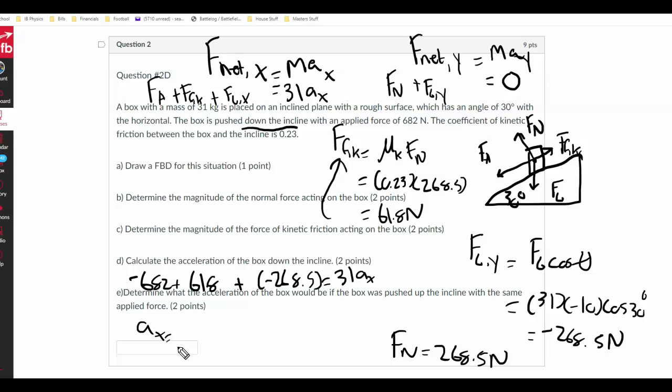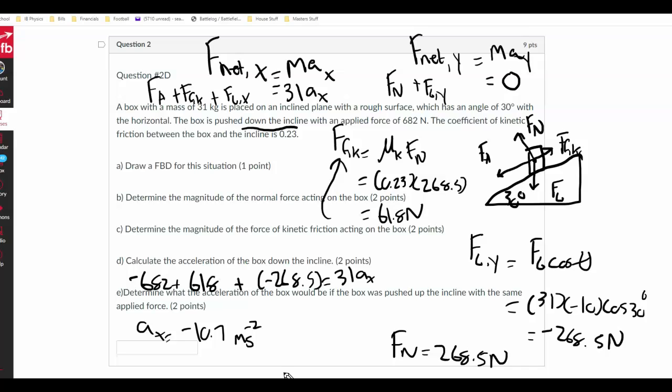This is pretty simple to solve algebraically. Divide by 31, so I get negative 10.7 meters per second squared. That's 2 points there. The biggest place people made a mistake was on the signs. I took off lots of points if you mess up on the signs.